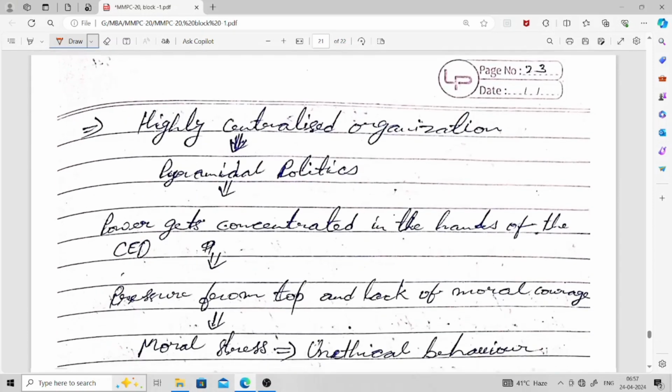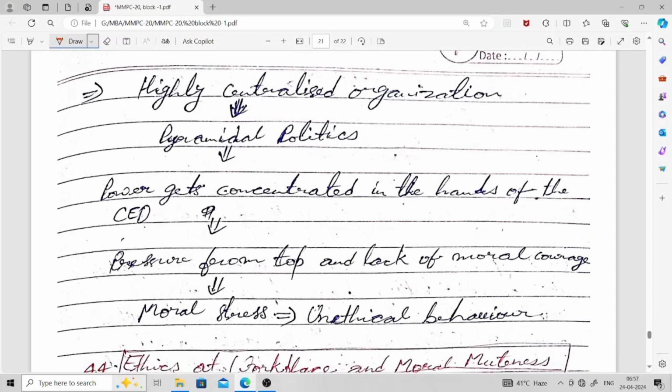But just opposite to this, you have highly centralized organizations. In a highly centralized organization, there is pyramidal politics.